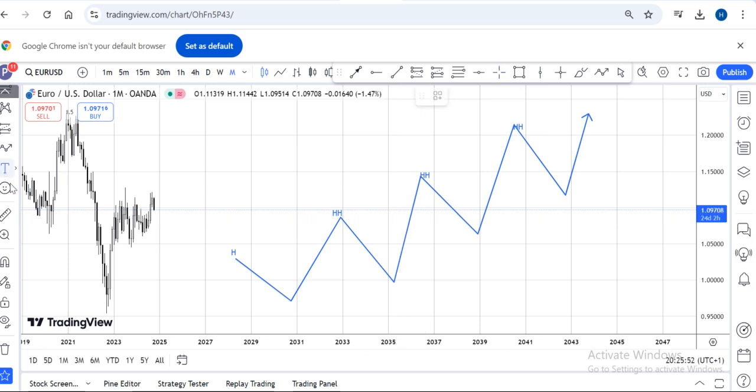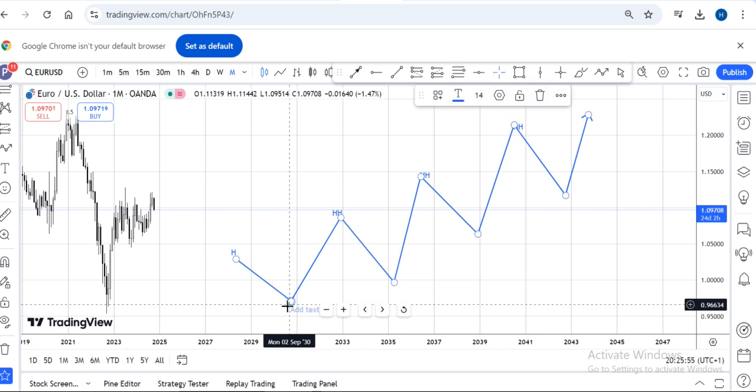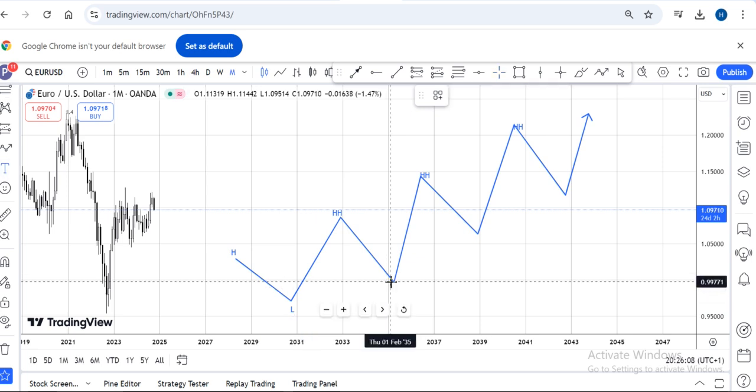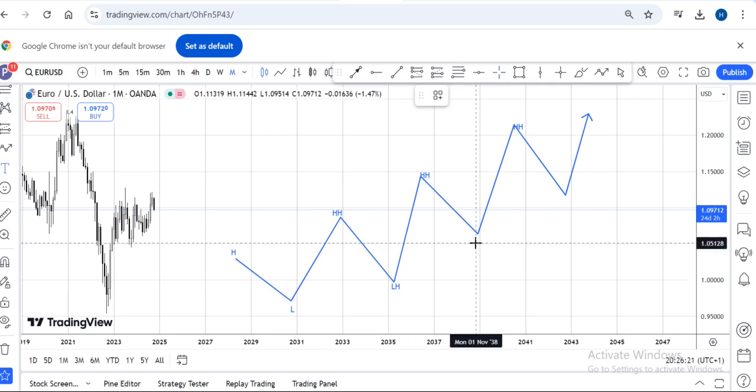Now the next one, this is actually what we call a low. The point at the bottom is called a low. Then because it's an upward trend, the next level is now called a higher low. The next level after that is called a higher low also.